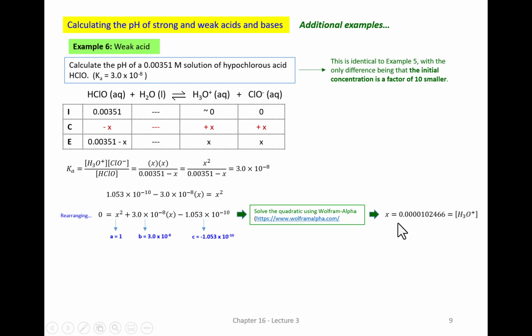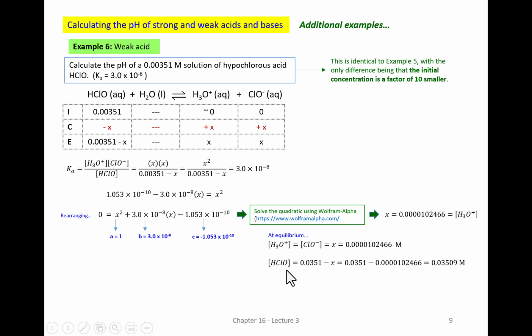And remember, that's equal to the concentration of hydronium ion, because that's how we've defined it in the ICE table. So at equilibrium, the concentration of hydronium ion, which of course is equal to the concentration of hypochlorite ion, is 0.0000102466 molar.